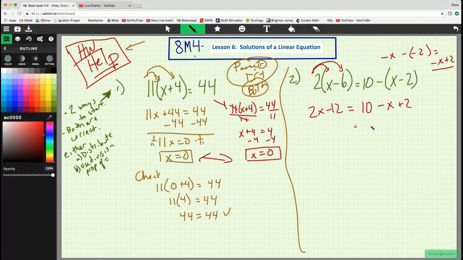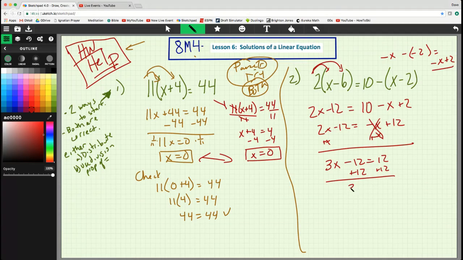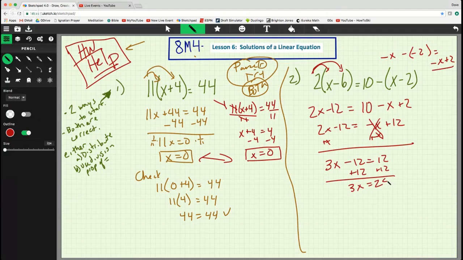Combine like terms, we get negative x plus 12. 2x minus 12, add x to both sides. Cancel, cancel. 3x minus 12 equals 12, add 12. 3x equals 24. Divide by 3, x equals 8.